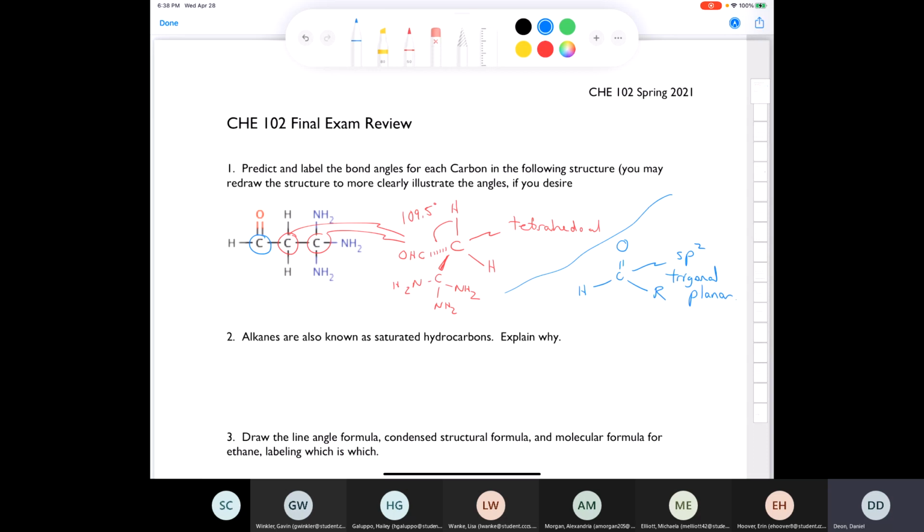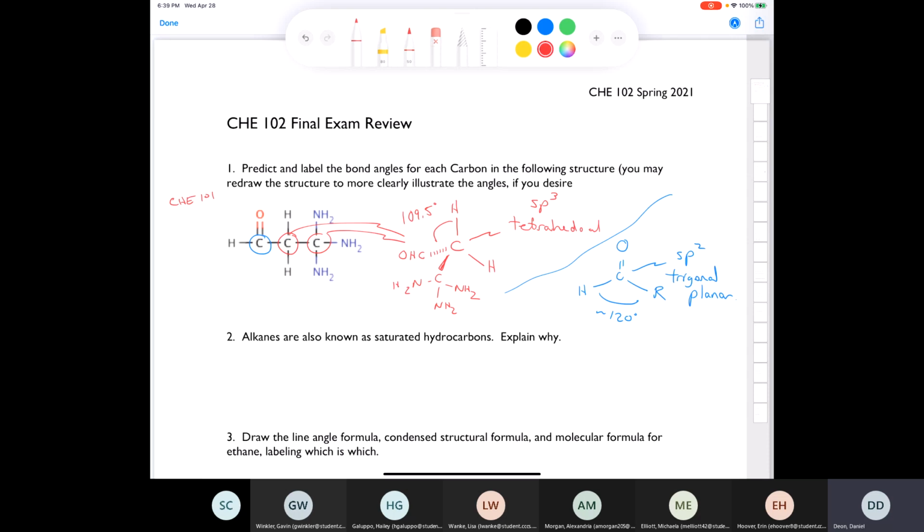The bond angles here are all going to be roughly 120 degrees. Again, that's something you would have learned in Chemistry 101 at PPCC, but of course that's fundamental knowledge in order to take this class.